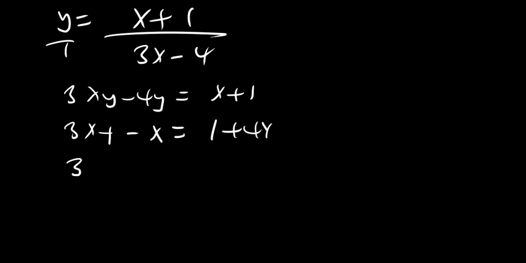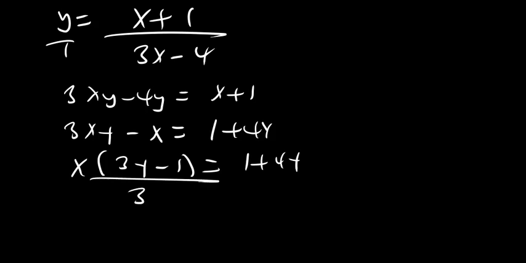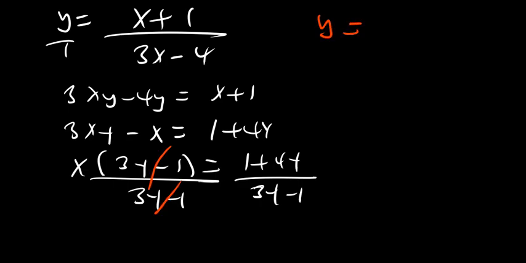So I want to make x the subject of the formula. I'll remain with x times (3y minus 1) being equal to (1 plus 4y), divided by (3y minus 1). So these two cancel out, therefore x is equal to (1 plus 4y) divided by (3y minus 1).